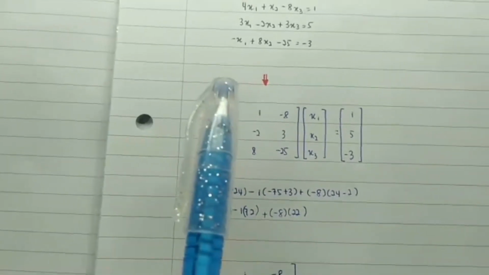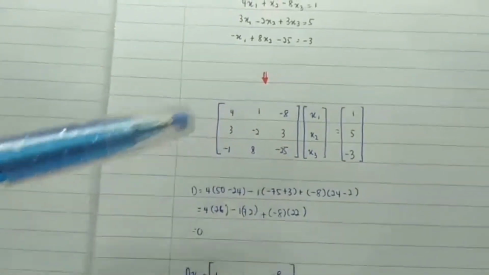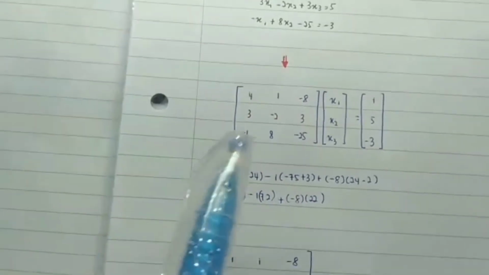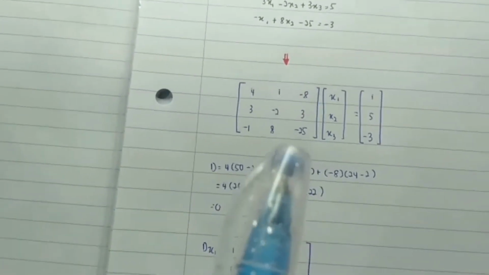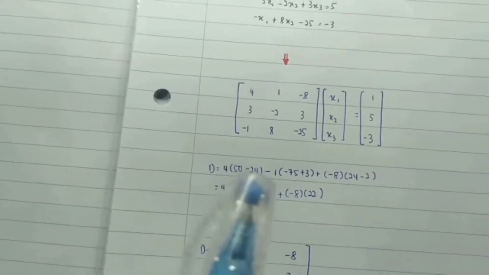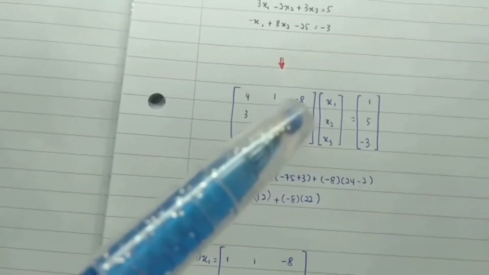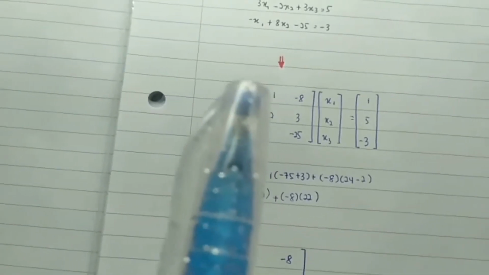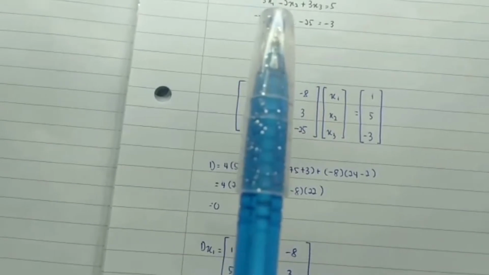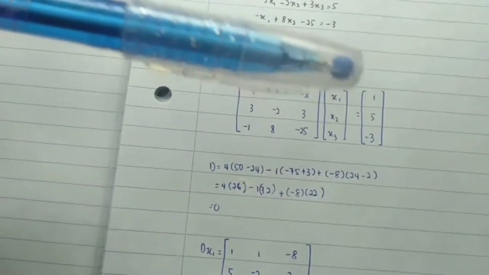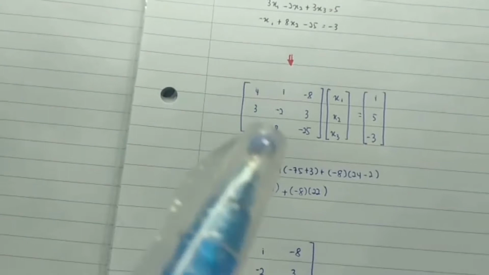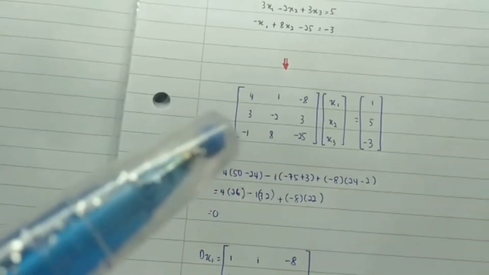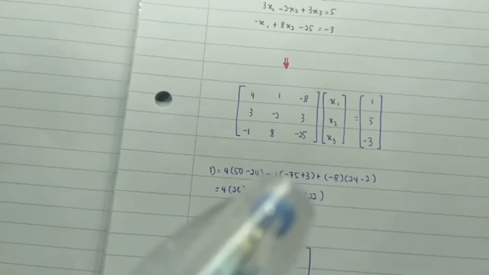For the first column, you take this 4, and then if you close this and this, you'll get -2 times -25 equals 50, minus 8 times 3 equals 24. And then for the second row, you'll take this 1 and then close this and also this. You'll get 3 times -25 equals -75, and then -1 times 3 equals 3.